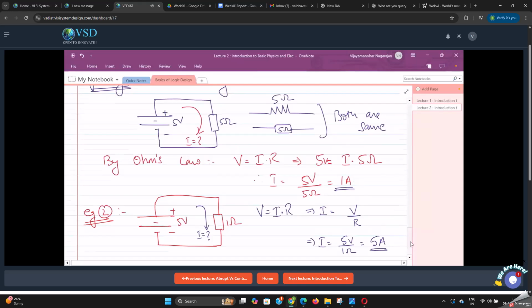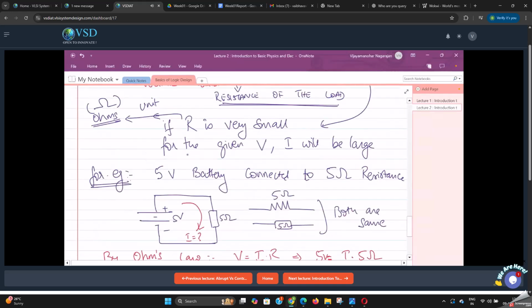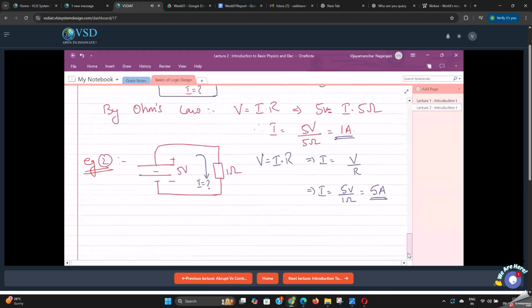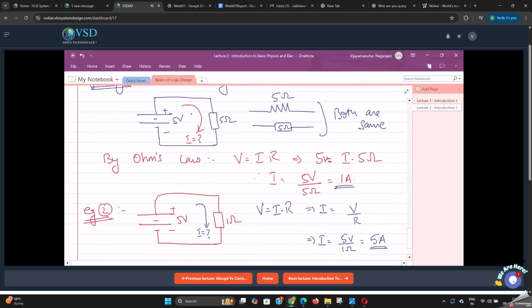This is exactly what I was trying to say. For the given voltage, current will be large if R is small. Look at this. The same circuit, I have a 5 volt battery here also. Same voltage. The resistance here is 5 ohms. The resistance here is 1 ohm.